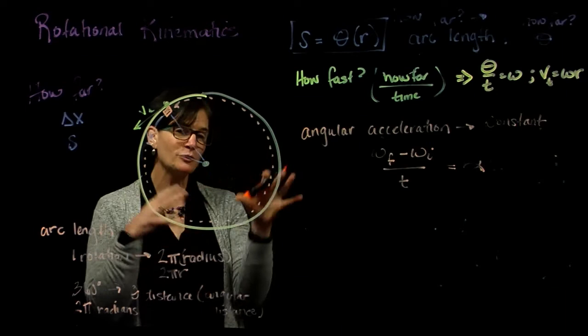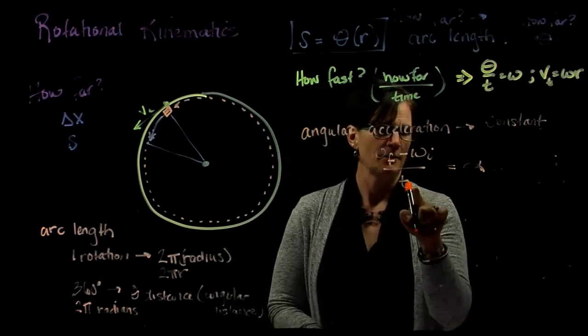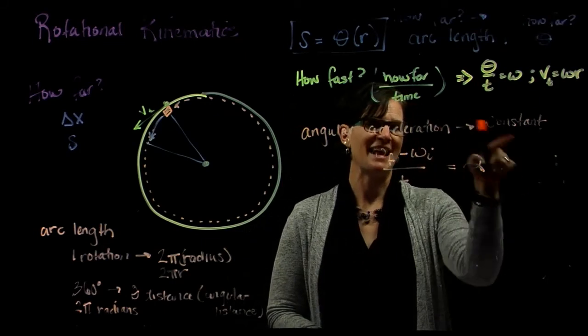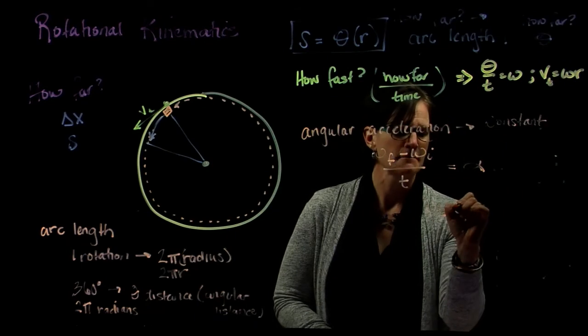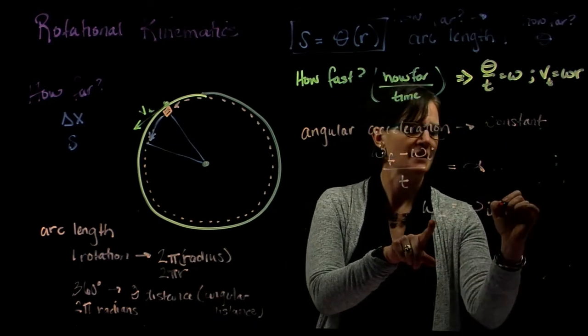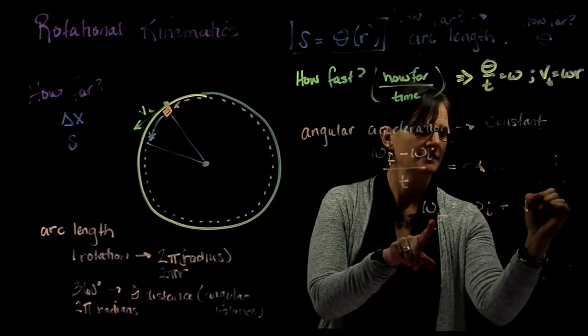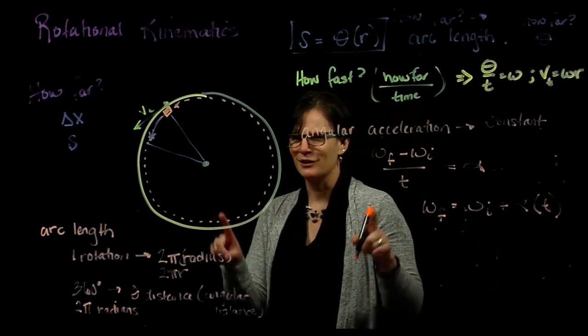If I do a little bit of rearranging of this equation, we find that, so if I multiply both sides by t and then add my initial angular velocity, I get my final angular velocity is equal to my initial angular velocity plus alpha times time. Now this should look very familiar.